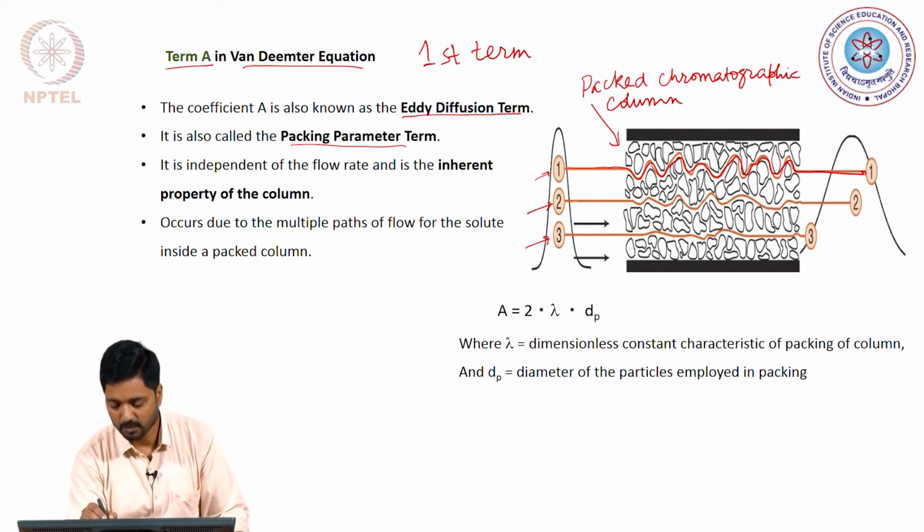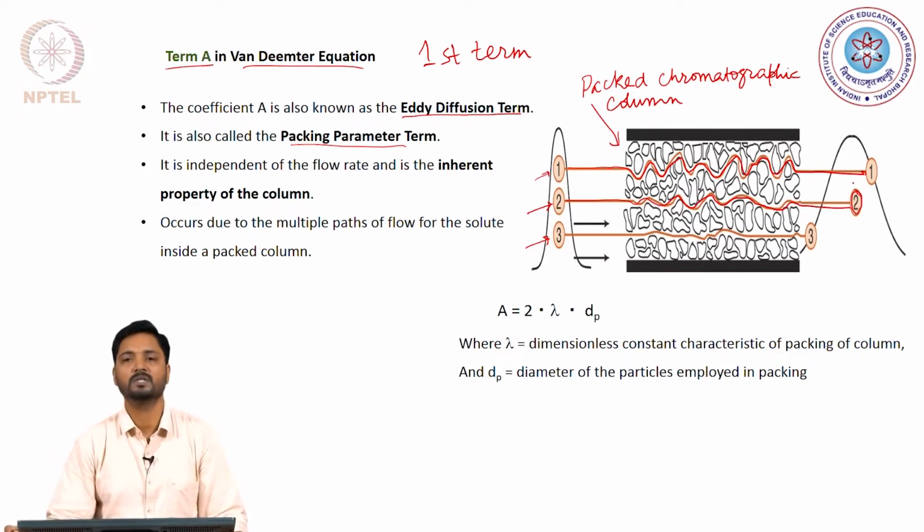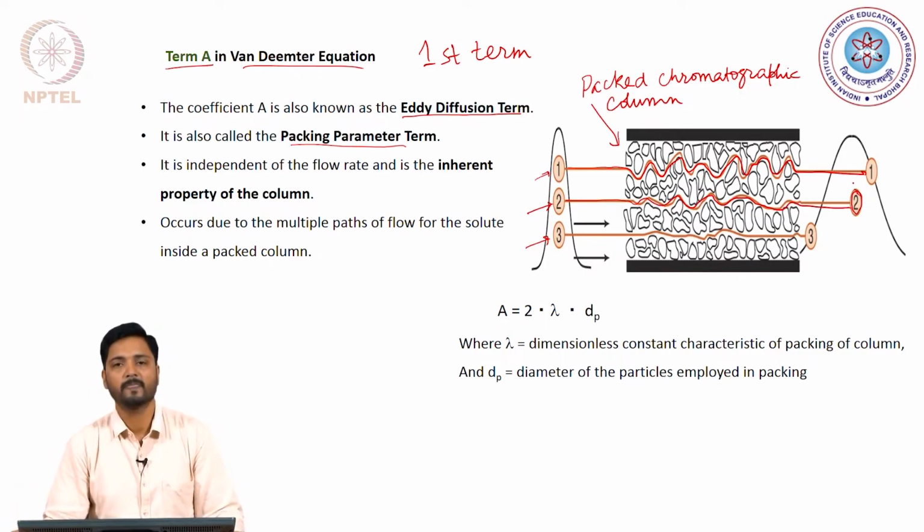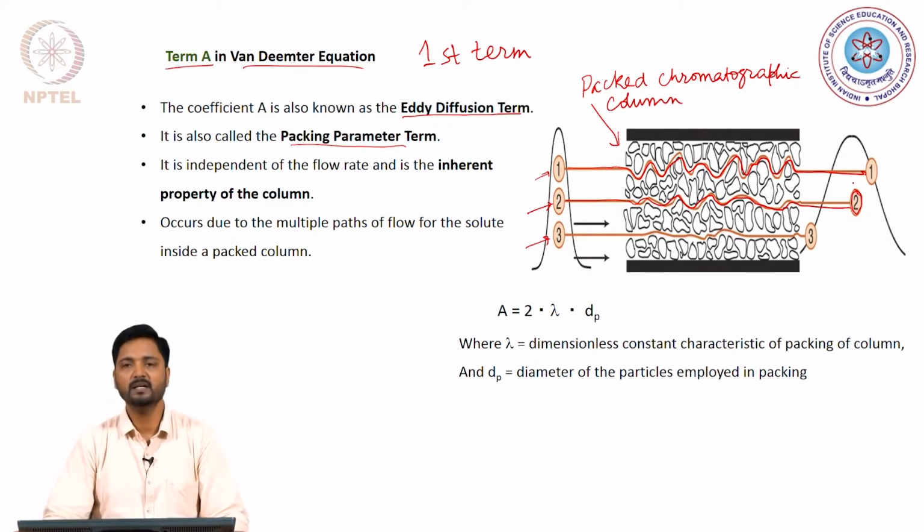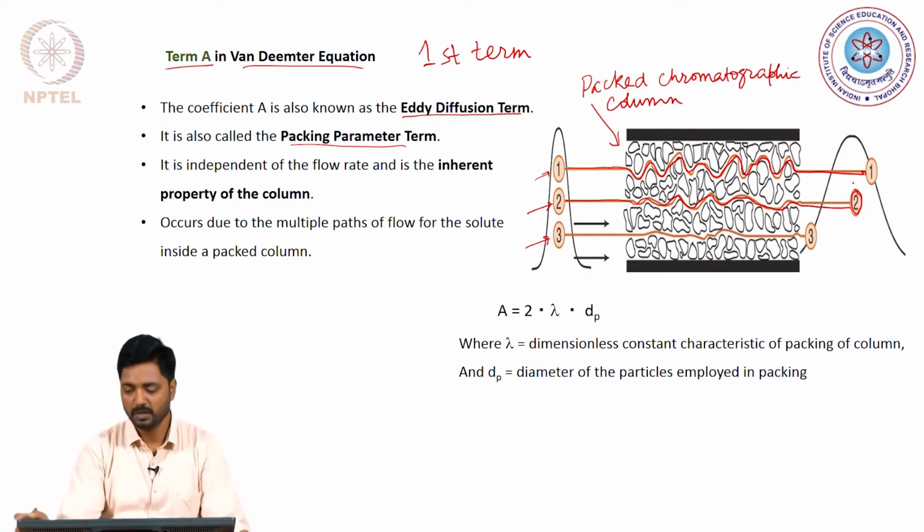Similarly, molecule 2 takes a little shorter path inside the column and hence elutes out somewhat earlier from the column. Finally, molecule 3 of the same solute may indeed take a really shorter path out of the column and elute out much faster.